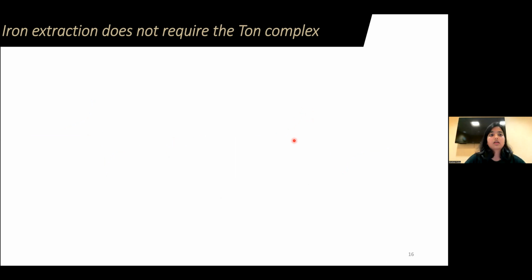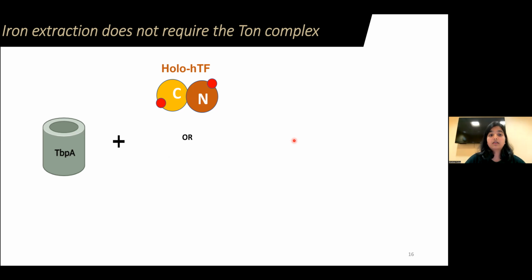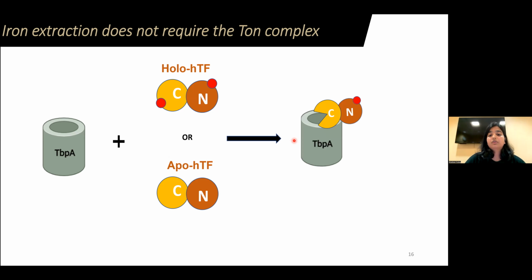So if we combine our cryo-EM data, the previous crystal structure, and the EPR studies, what we see is that if you give TbpA, no matter whether it is holotransferrin, which is the iron-bound form, or the non-iron-bound transferrin, you will always end up with a non-iron-bound transferrin form and the C lobe in a partially open state.